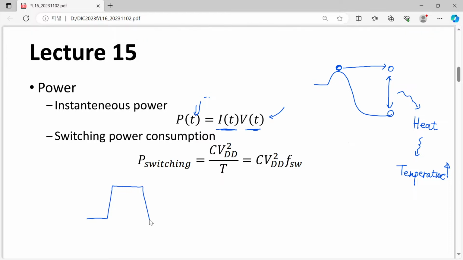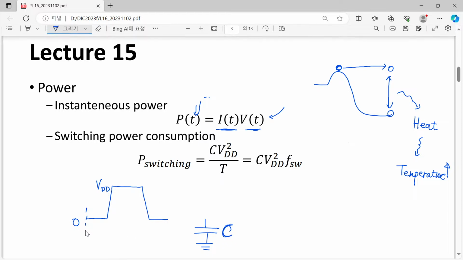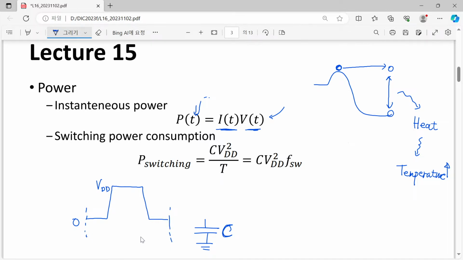So the logic gate is switched between 0 and 1, and it is loaded to certain capacitor called C. In this case, if we have certain frequency f and corresponding period capital T, then we can understand the switching power can be obtained by this product.